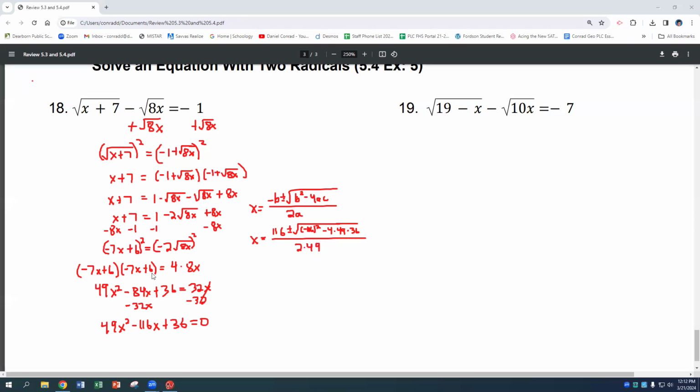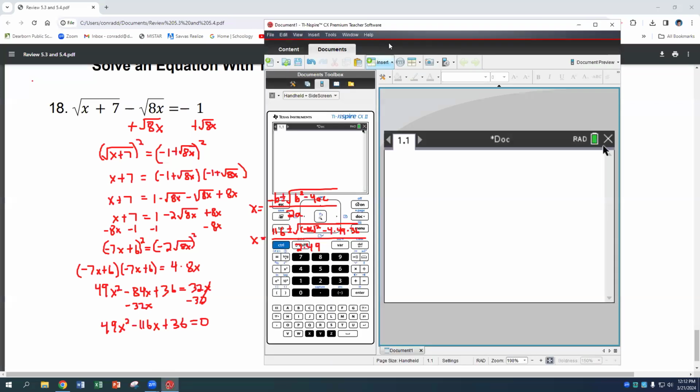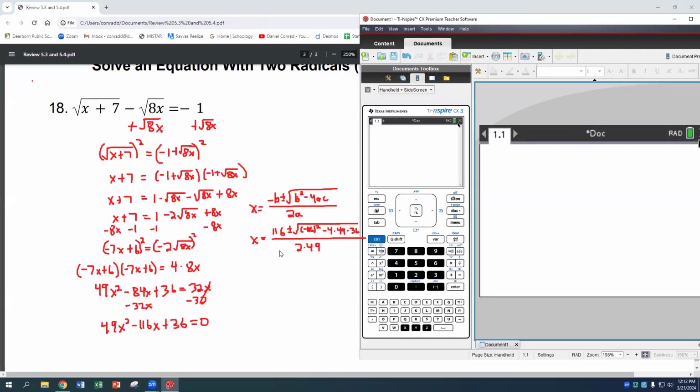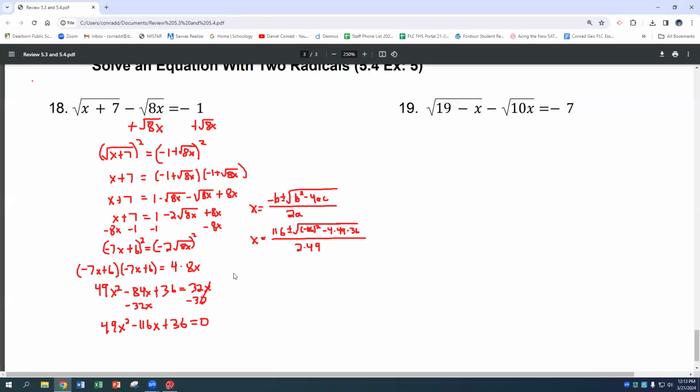Okay, I'm going to go to my calculator here. I'm going to put the discriminant, the stuff under the radical, so I'm going to do square root of -116 squared minus 4 times 49 times 36. It's going to give me 80.